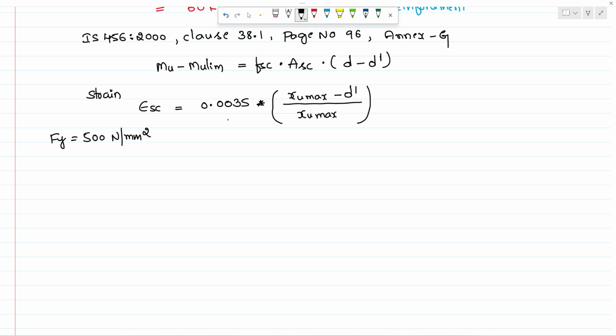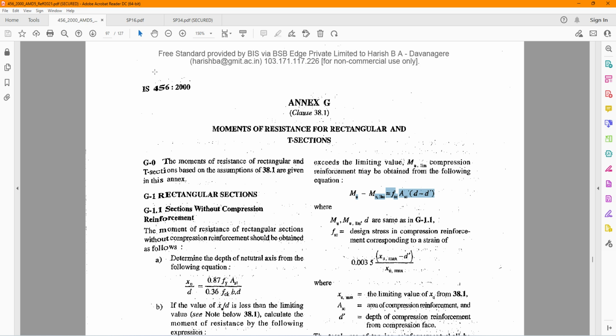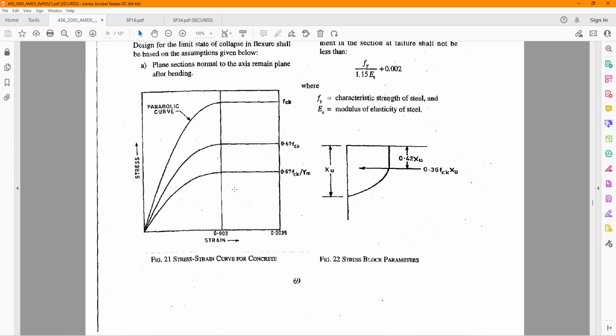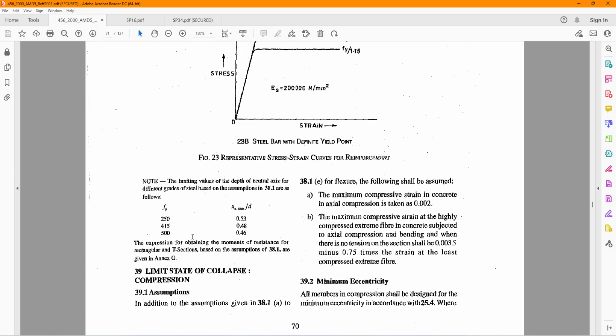For 500 Newton per mm square, you know the Xu max by d value. I think it is 0.46, again given in IS 456, on page number 70. Yes. For 500 grade, Xu max by d value is 0.46.